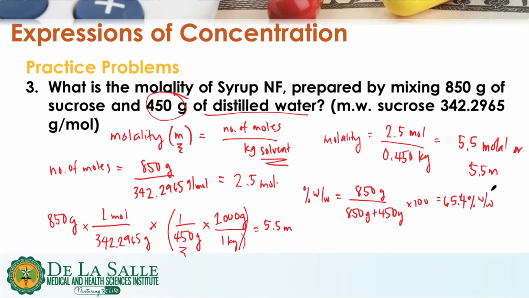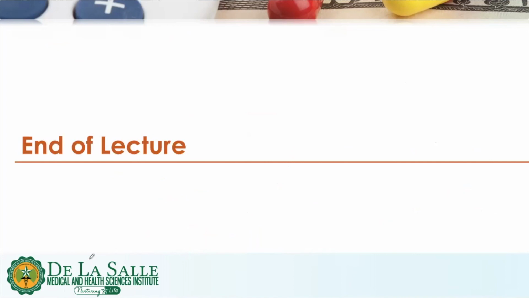Okay, so that means that for syrup and F, it contains 65.4% weight in weight of sucrose, and its concentration of sucrose is equivalent to 5.5 molal. That ends our discussion of methods of expressing concentrations.